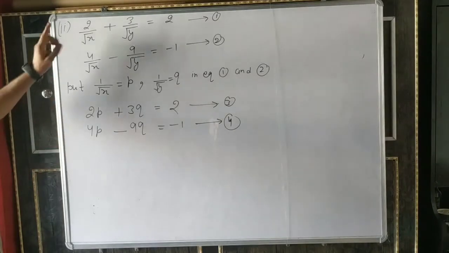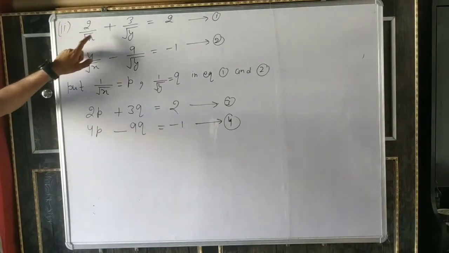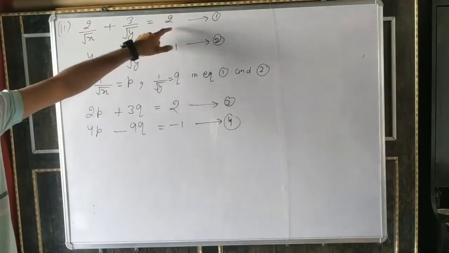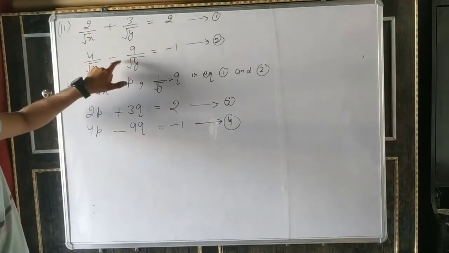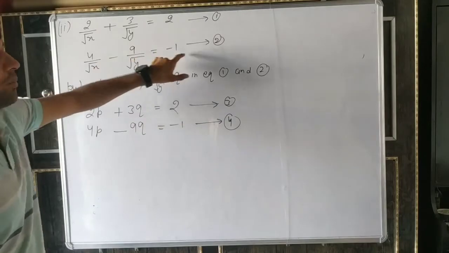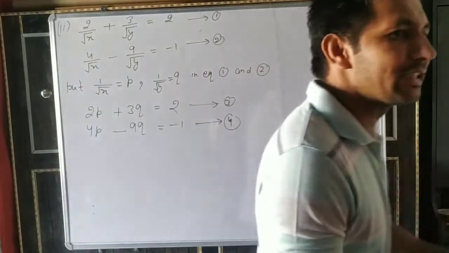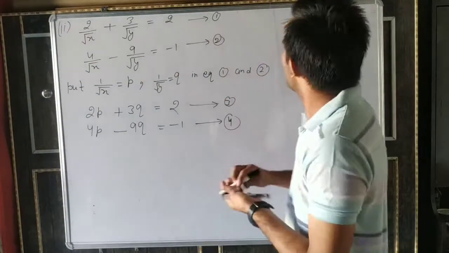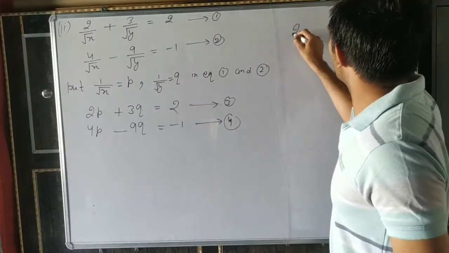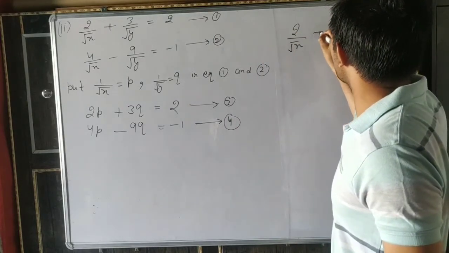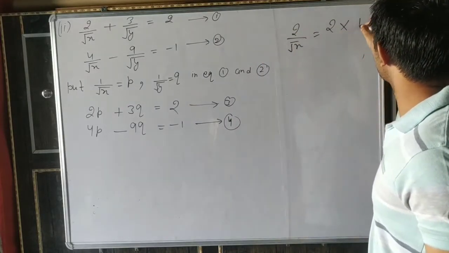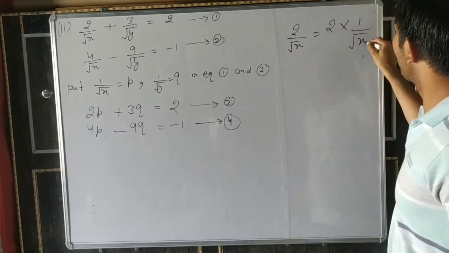Second part, it is given 2 upon root x plus 3 upon root y equal to 2, and 4 upon root x minus 9 upon root y equal to minus 1. Same as question 1. What is the meaning? 2 upon root x, you can write 2 multiply 1 upon root x.